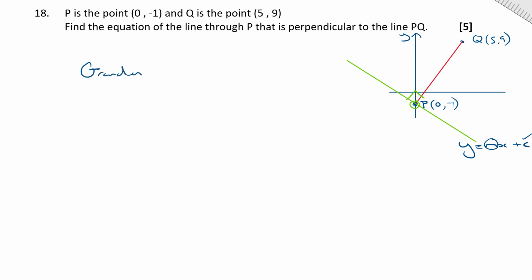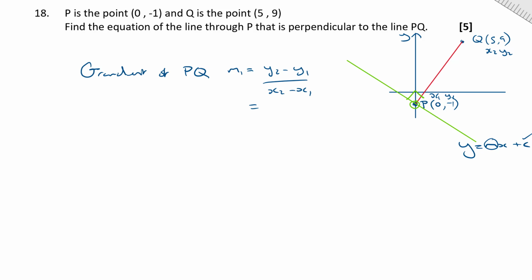So gradient of PQ, which I'm going to call M1, is going to be change in y over change in x. If I call this one x1, y1, x2, y2, then the gradient function is y2 minus y1 over x2 minus x1. Have you seen that formula before? Hopefully you have.